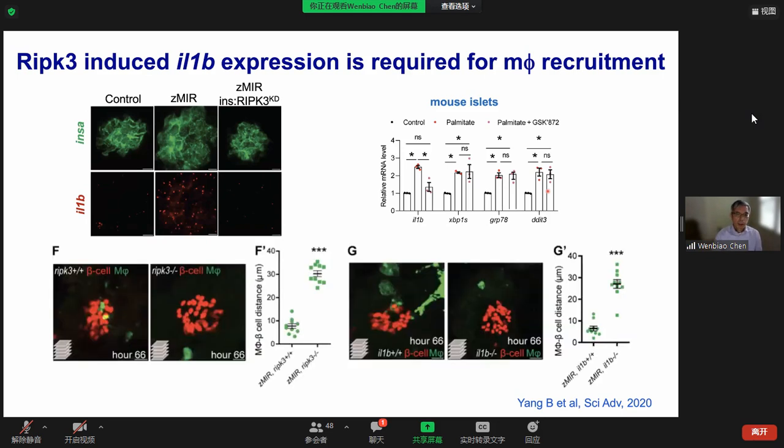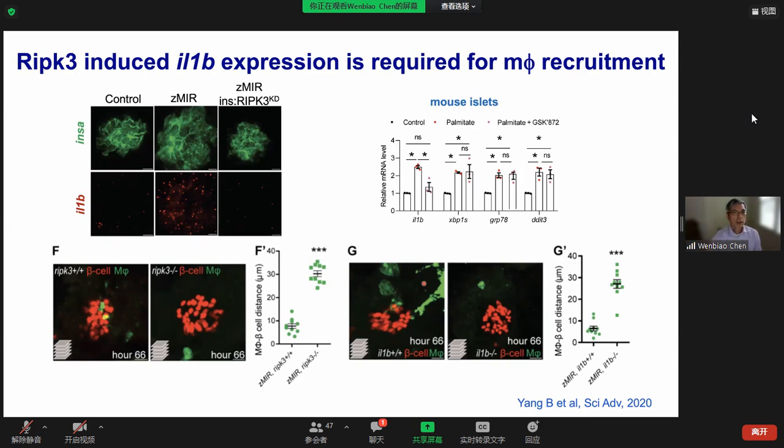In addition, we found that knockout of RIPK3 or IL-1 beta prevented the islet inflammation, as indicated by the macrophage infiltration in the islet. So these pathways are not only conserved in mouse, but also in human.